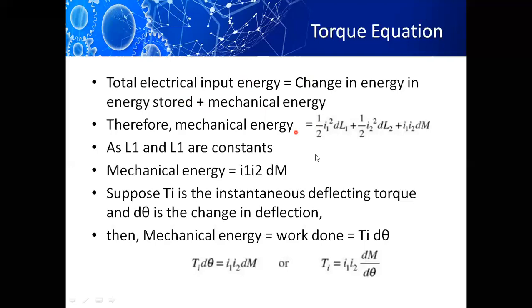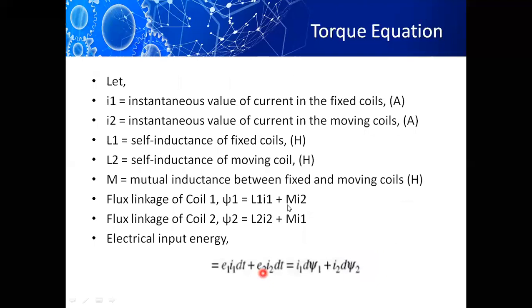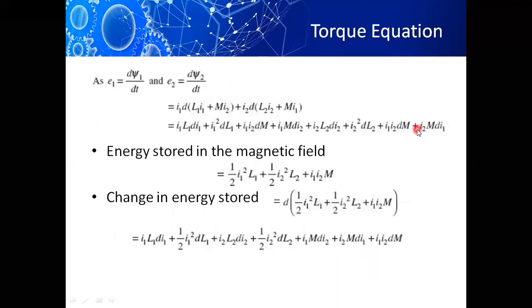So we will cross check once again. We have total energy this way and change in energy stored this way. So this minus this should give you the mechanical energy by which your coil is moving or deflecting torque is produced. So let us try to simplify. I'm subtracting this with this, so I'll have minus of this whole thing.